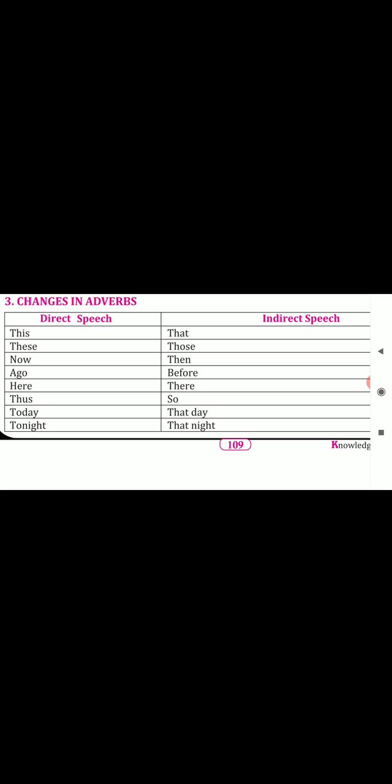Today becomes that day, tonight becomes that night. So like that, you might have learnt in previous classes also. You can use those learnings in the coming exams or exercises.